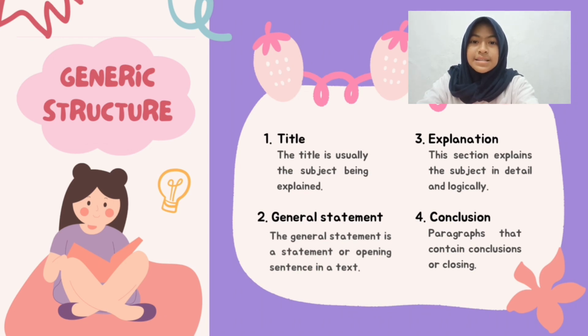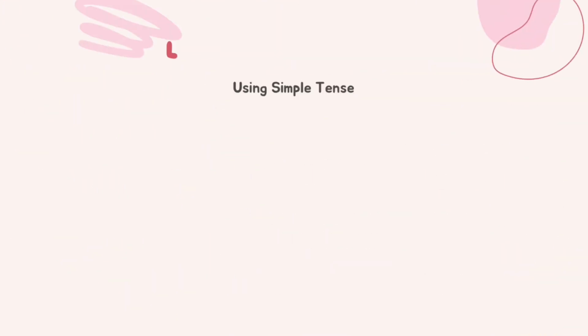After the opening sentence, the next few paragraphs contain an explanation of how something works or why something happens. And the last is the conclusion. The paragraph contains conclusions or closing. You can also write down responses, impressions, opinions, or theoretical views on something previously explained in the text.